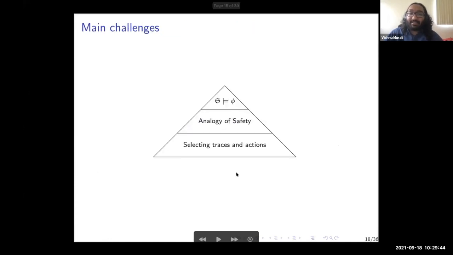And so we consider the main challenges as we work our way towards guaranteeing the satisfaction of a hyper-LTL specification. The first challenge we face is that we want to ensure that the selection of actions in the composed system do in fact correspond to the selection of traces in the initial system.